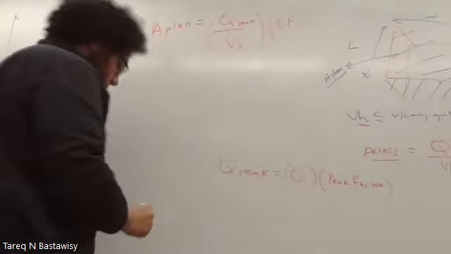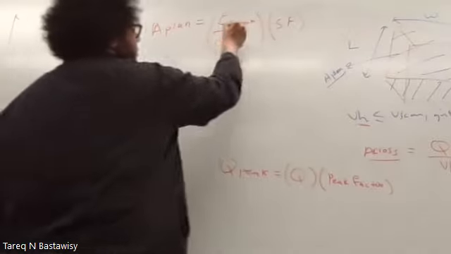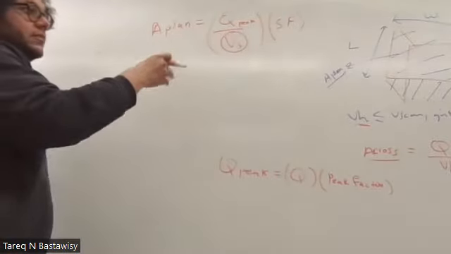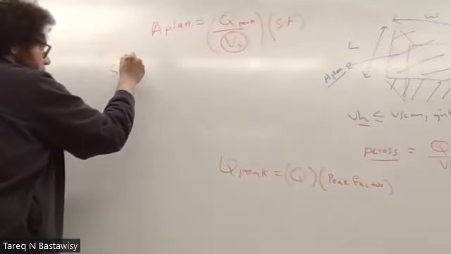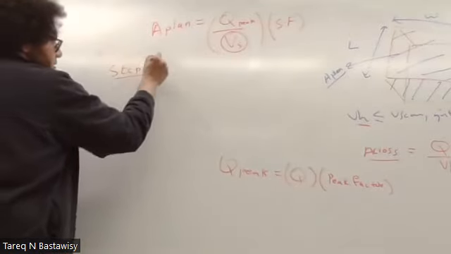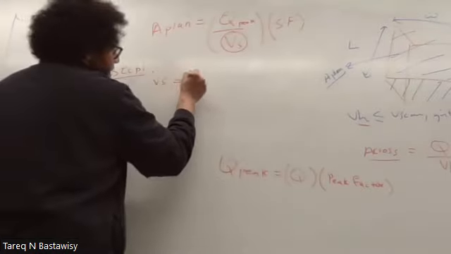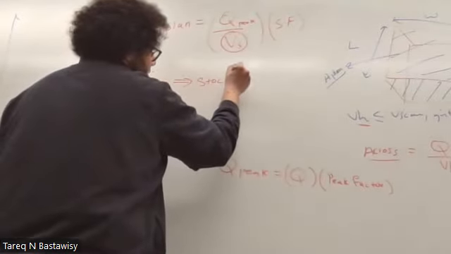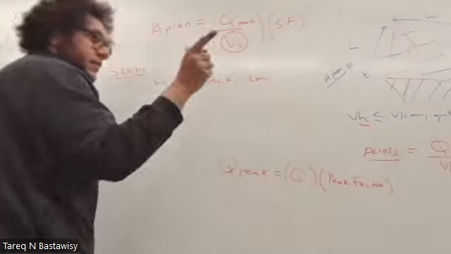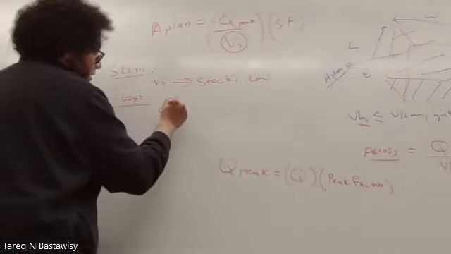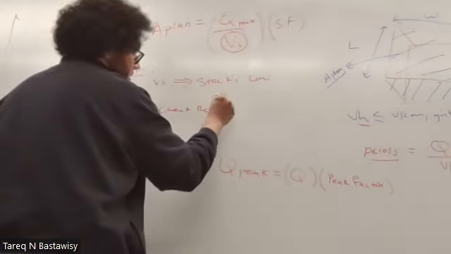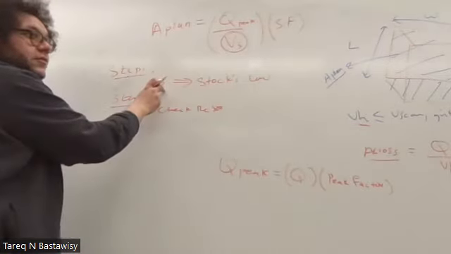Okay, so to solve this question, you need to know what Vs is. We have all the other parameters except for Vs. So how do you find Vs? Step one, find Vs using Stokes' law. Step two, check the Reynolds number with this value.